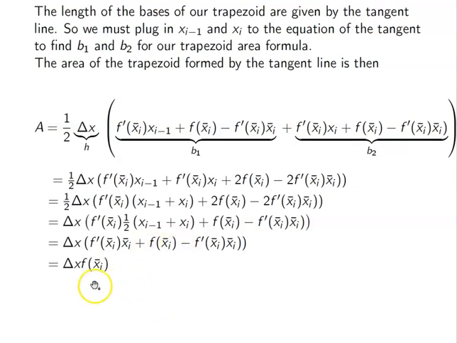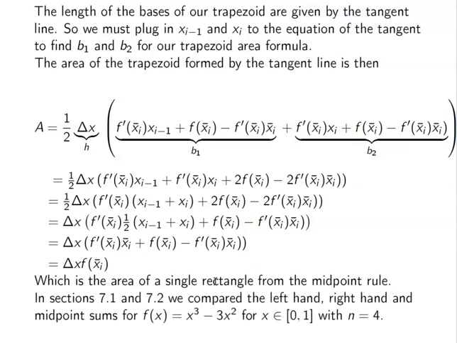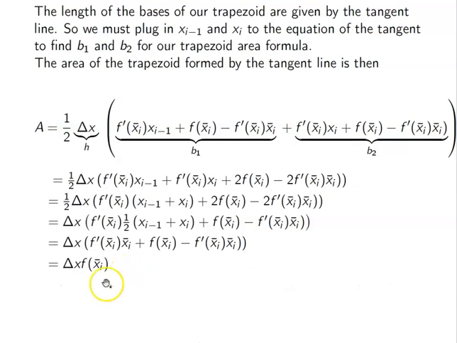So all I'm left with is this delta x times f of x_i bar, which we know from the beginning is the area of a single rectangle from the midpoint rule. Okay, so I have shown, this is the end of that problem.